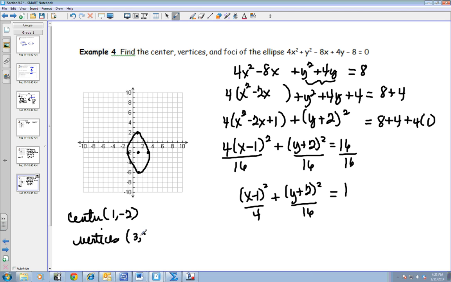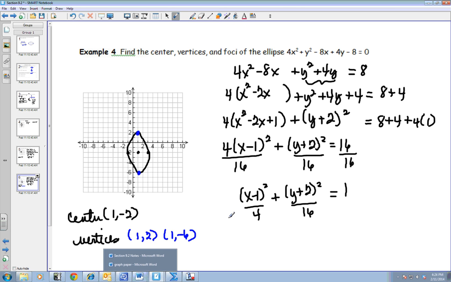Oh, when we write our vertices, we're just going to write our major vertices. So our major vertices would be this one right here and this one right here. Does that make sense? So that's going to be the point (1, 2) and the point (1, -6).